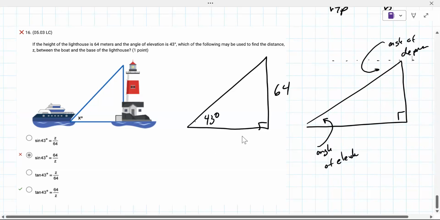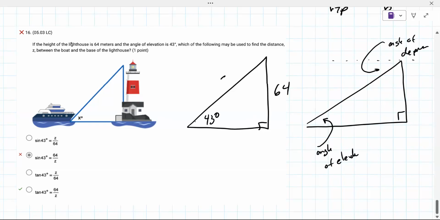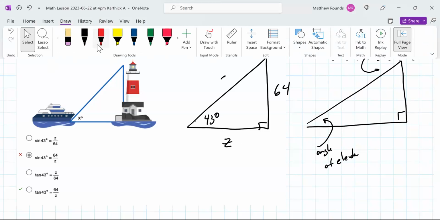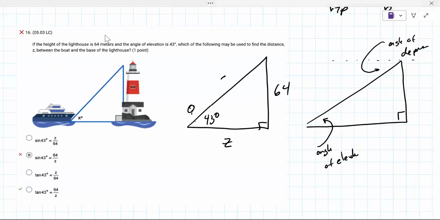They're calling the distance between the boat and the base of the lighthouse Z. And they want to know which of the following can be used to find Z. What you do to answer a problem like this is you imagine again that you're there and you say, well, what do I have?